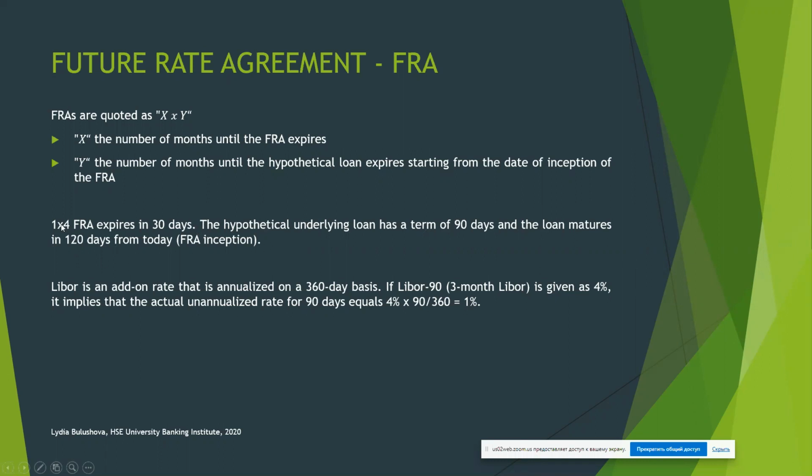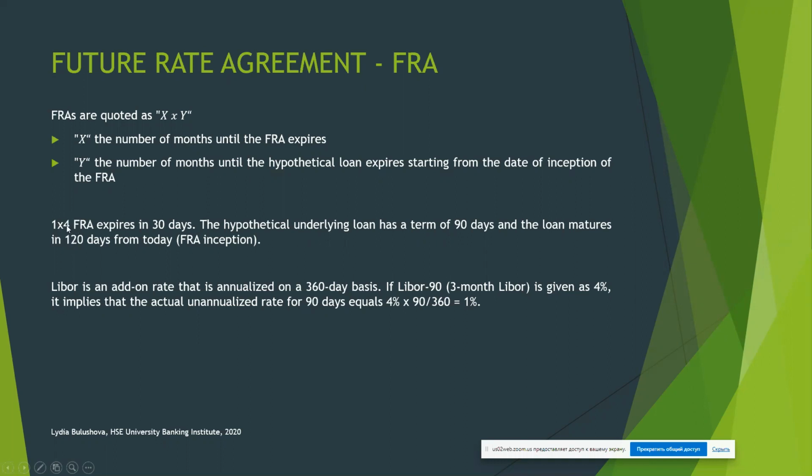So you just need to take this and this. The first number says this thing will start after this number of months, and the second number is when it ends, this number of months from now.